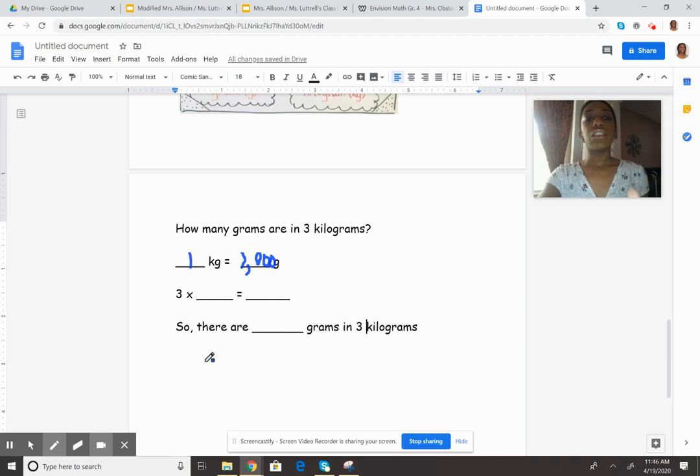Next, you already know you have 3 kilograms. So all you need to do is multiply that 3 by that 1,000 to see how many grams are within 3 kilograms. So you need to do 3 times 1,000, and 3 times 1,000 gives you 3,000, okay?